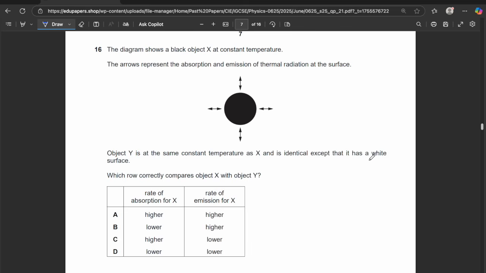Because of its white surface, it will reflect more instead of absorbing. So black surfaces in general have a higher rate of absorption and also emission, right? Because they absorb more, right? So the answer would be A.